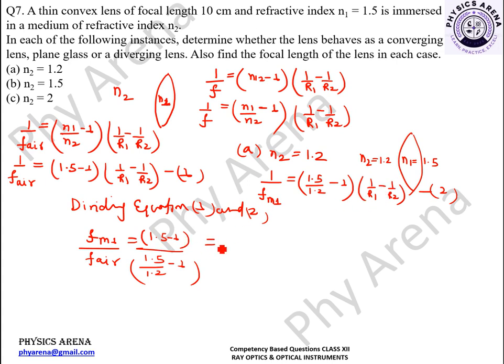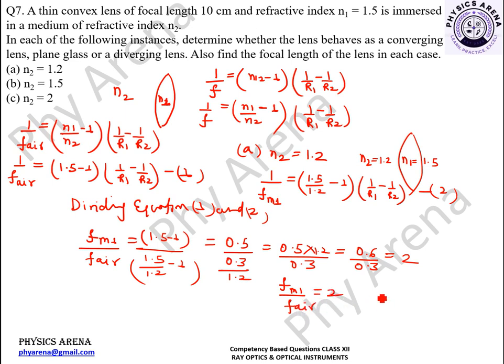So it becomes 0.5 divided by 0.3 divided by 1.2. Further I can simplify it as 0.5 multiplied by 1.2 divided by 0.3, and it becomes 0.6 divided by 0.3, which is equal to 2. So I've got the focal length in medium 1 divided by focal length in air is equal to 2.